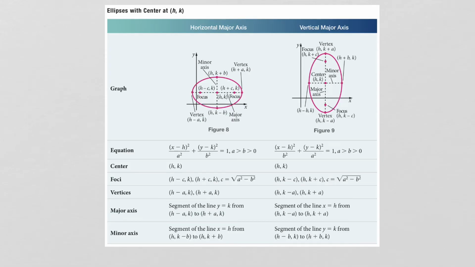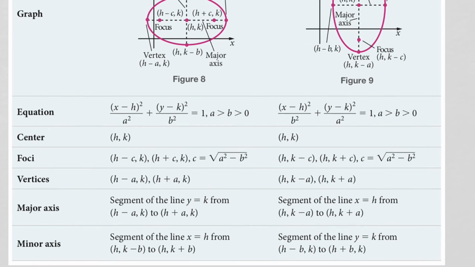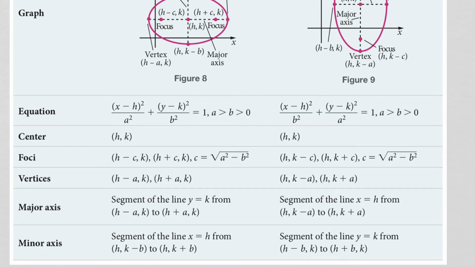The last consideration in this section is to move the center of the ellipse so it's no longer at the origin. If we move the center to be at the point (h, k), notice that the equation changes in the same way that the equation for the parabola changed. So if you have a horizontally situated ellipse, the equation is (x minus h) squared over a squared plus (y minus k) squared over b squared is equal to 1.